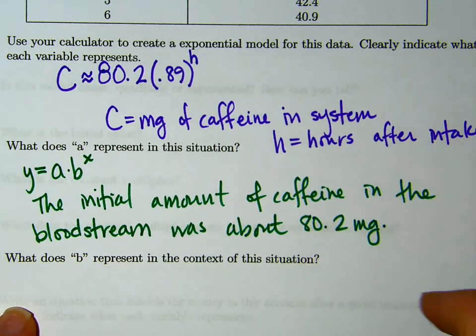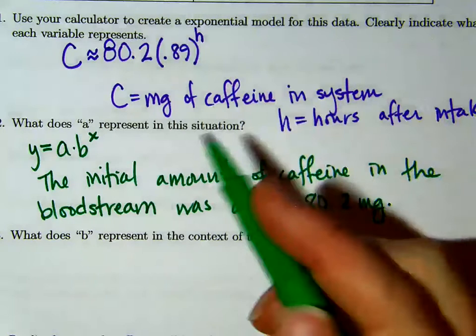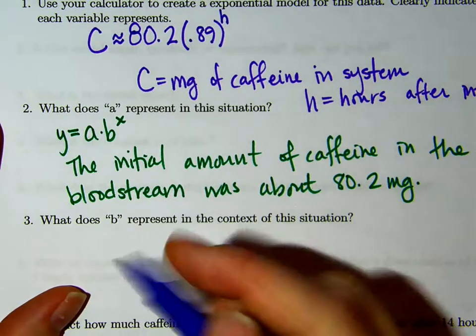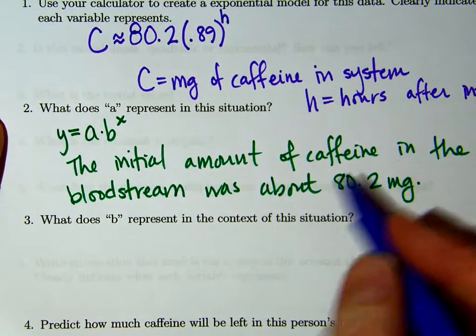What does B represent? Okay, well, if you say the constant multiplier, nobody's going to understand what that means. And so I think it's better said that, I'm going to say this two different ways.